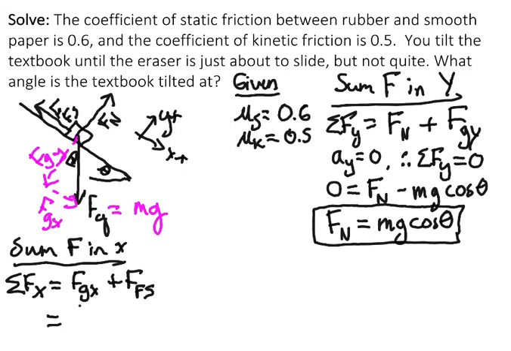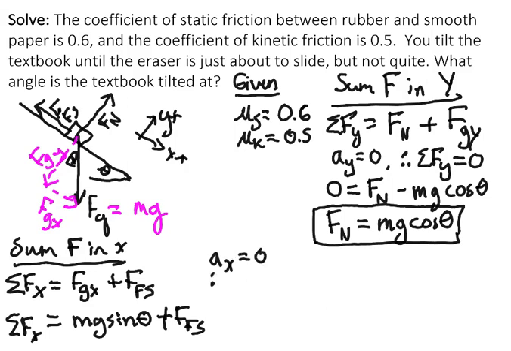Fgx is going to be positive mg sine theta. And we have the static friction force, which we don't know what it is. That's my net force in the x direction. But I also know that the acceleration in x is 0, and so therefore, my net force in x will also be 0.